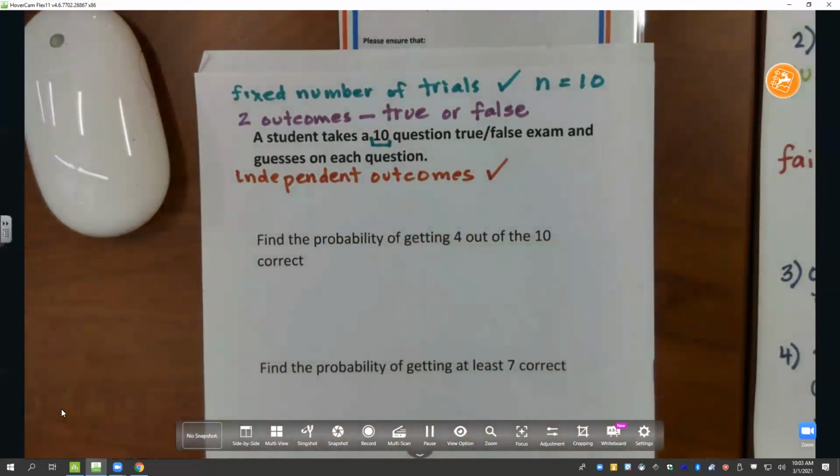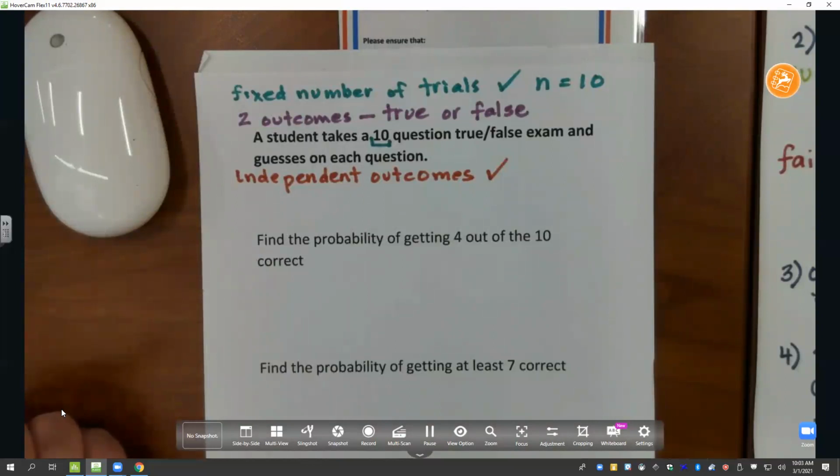And then the last one is the probability of success from trial to trial is constant. So let's talk about what the probability of success would be here. And I have to read the next question to find out. The question is to find the probability of getting 4 out of the 10 correct.